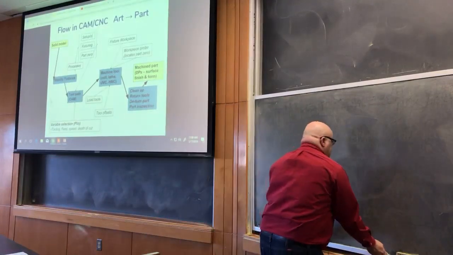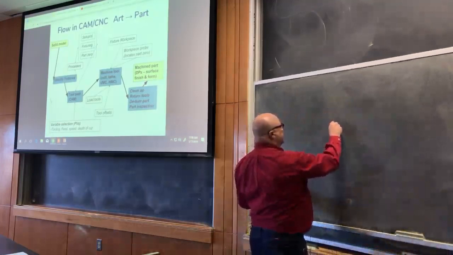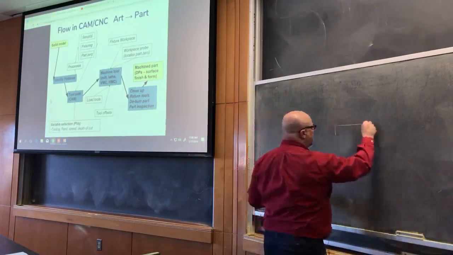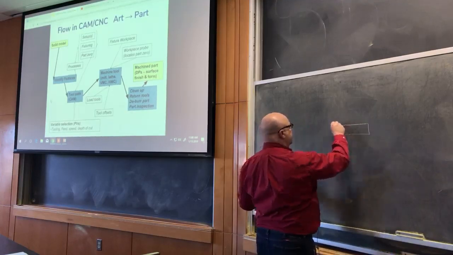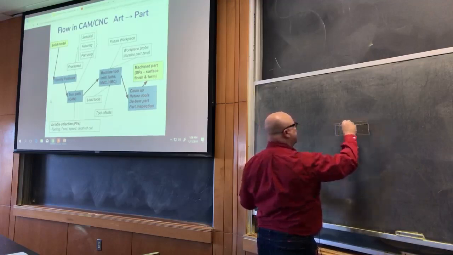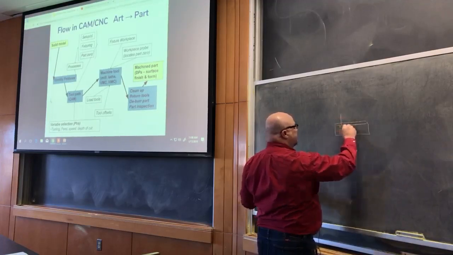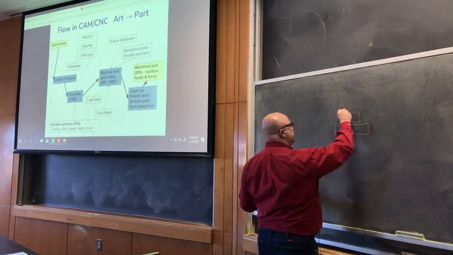If we're in the CNC machine, I've got my vise, the end of my vise is here. The vise jaw sticks up just a little bit above that. I've got my workpiece, and some of that workpiece is inside the vise jaws, so I'm drawing hidden lines because you can't see them. Some of it's sticking up above.